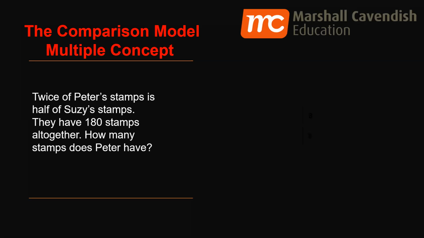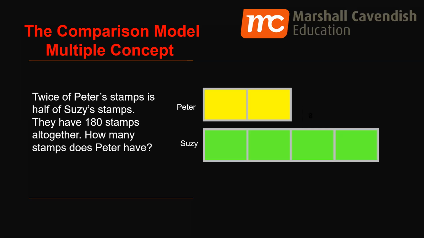All right, so this is what we call the comparison model of multiple concepts. For example, twice of Peter is half of Susie. So this is Peter's actual, but we're saying twice of Peter, but Peter actually has 1 part.